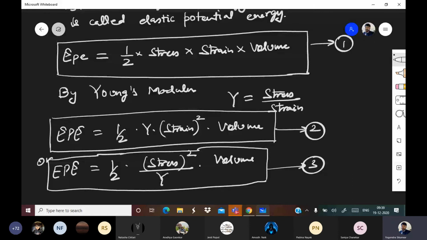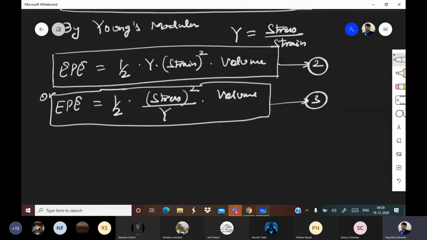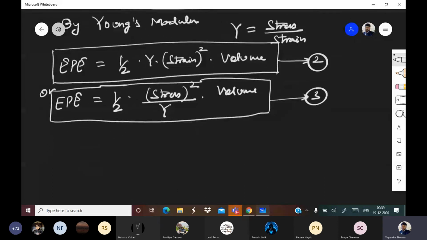All right. There is something called energy density. It is a very simple thing, but let me define that also.